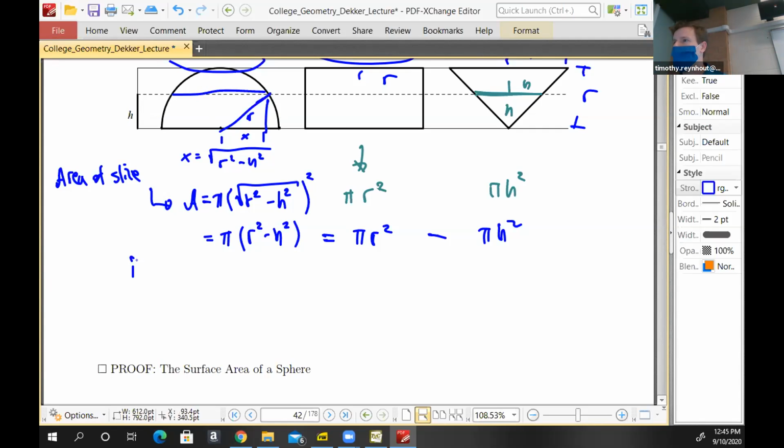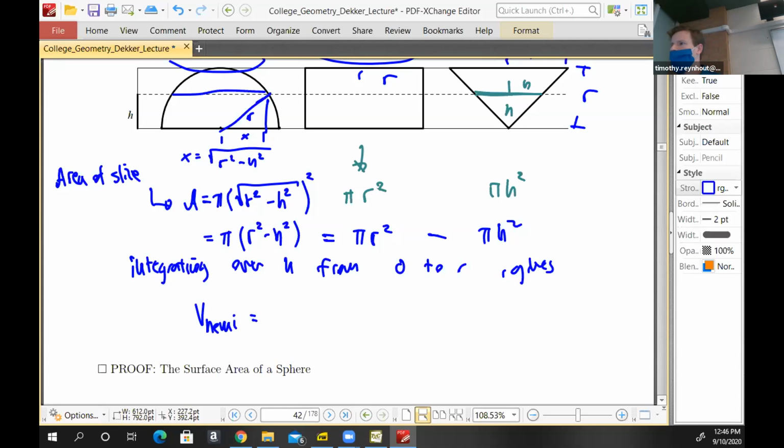Integrating over h from 0 to r would essentially give us that the volume of the hemisphere is equal to the volume of the cylinder minus the volume of the cone.